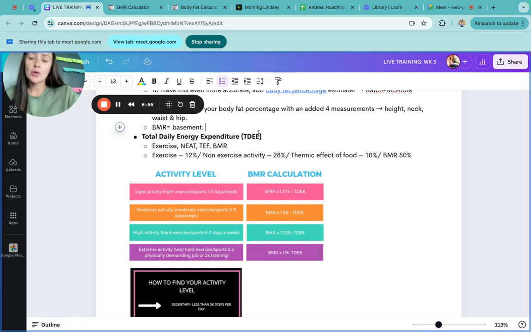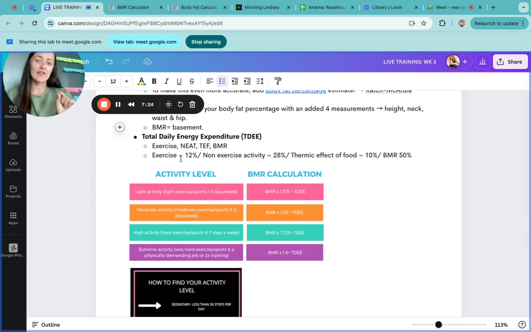So the total daily energy expenditure is roughly 12% exercise, 28% non-exercise activity, so things like walking, pacing while you're on the phone, moving around like folding laundry or whatever other movements you do throughout the day that are not planned exercise. That actually makes up more of a calorie burn than your 1 hour workout a day, okay?